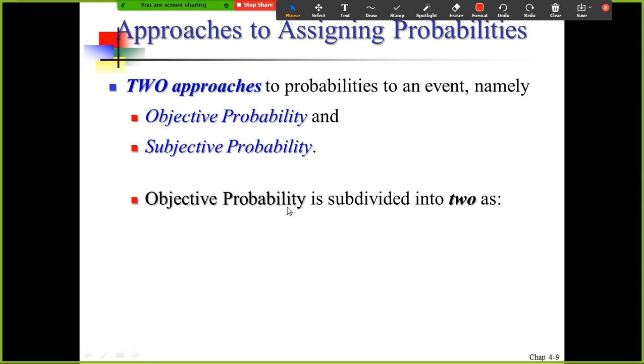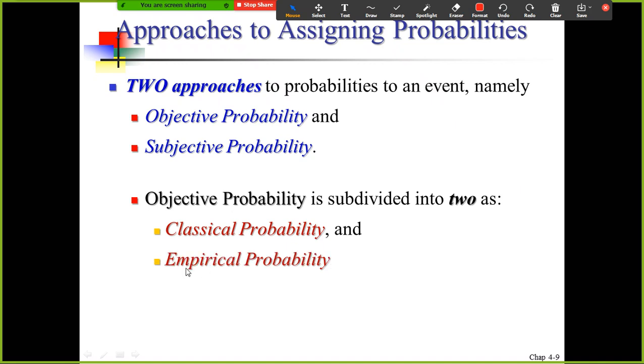Objective probability is subdivided into two sub-techniques that we call classical probability and empirical probability.